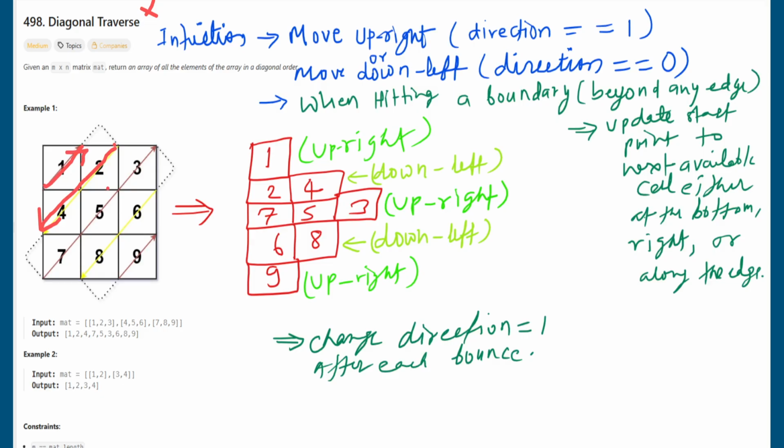Similarly, when we reach here we reverse back like this. You can say it's a kind of zigzag path, where once we complete one diagonal we have to flip the direction.